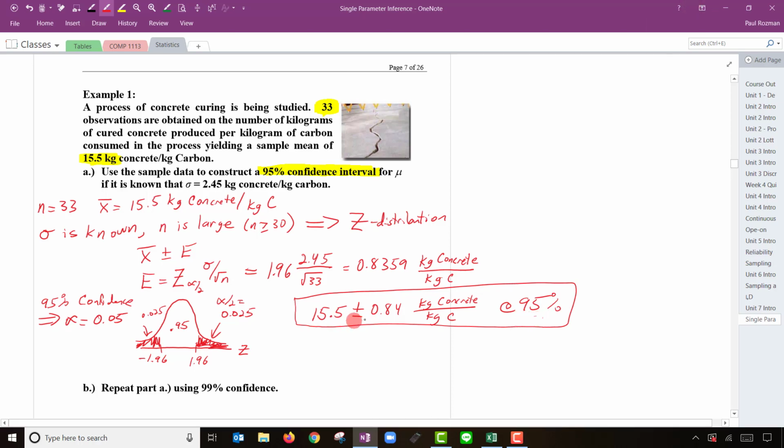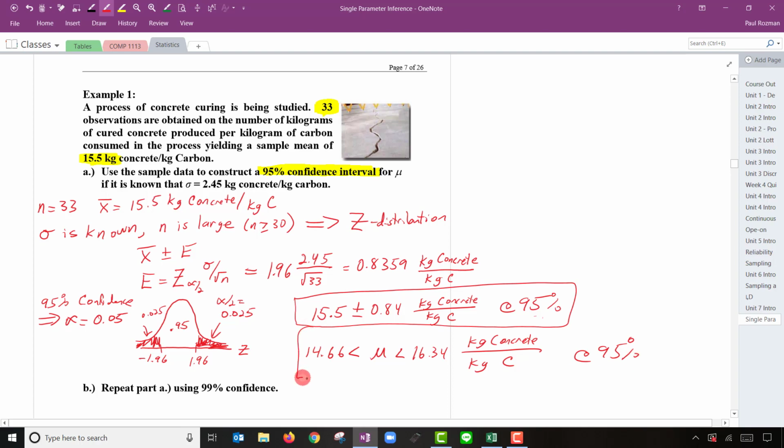We could rewrite this: take your 15.5 and subtract the 0.84, you get 14.66. And then add the 0.84, you get 16.34 kilograms of concrete per kilogram of carbon consumed in the process at 95%.